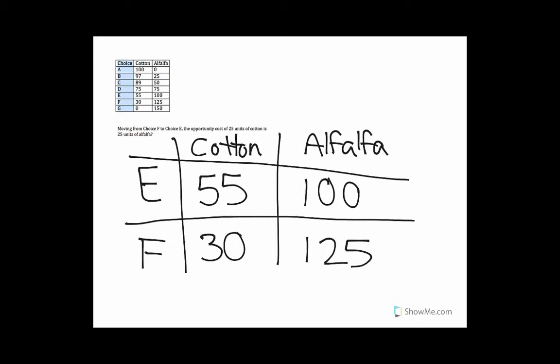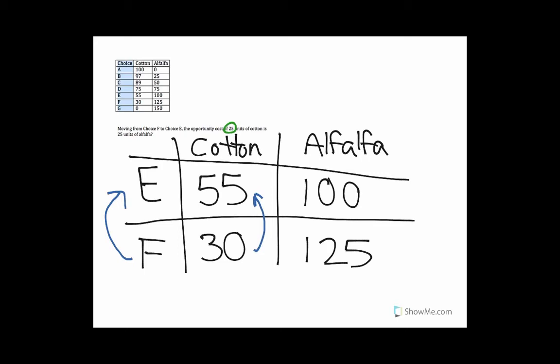In the question it talks about moving from choice F to choice E, and indeed that is an increase of 25 units of cotton. 55 minus 30 is 25.